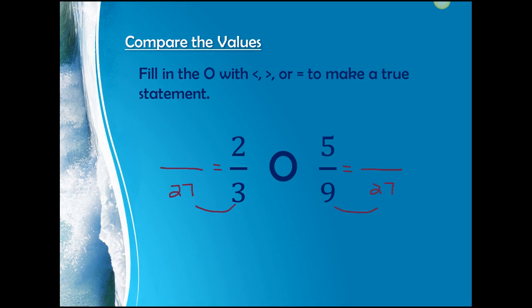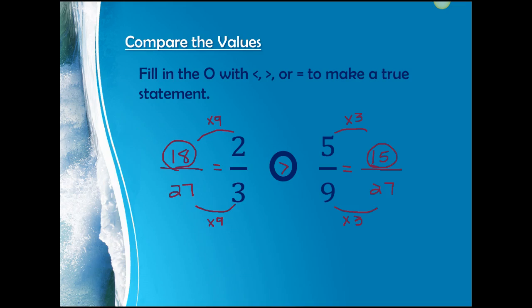We would have to convert both of the fractions to a number over 27. In order to do this, we'd have to multiply the left side times 9, which gives us 18. And on the right, we'd have to multiply by 3, which gives us 15. Since 18 is larger than 15, the first fraction is greater than the second.